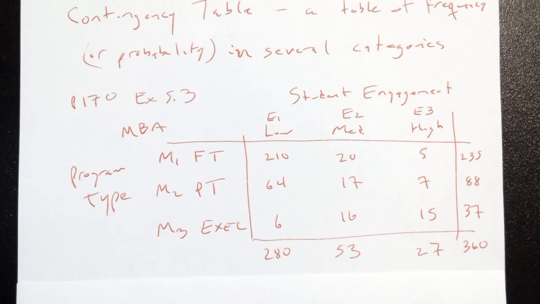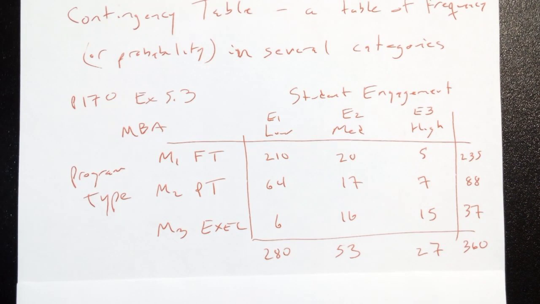And then on the ends of each row and at the bottom of each column, I have totals. The best part about this is calculating probability from here is really easy, provided we know what kind of probability we are looking for.